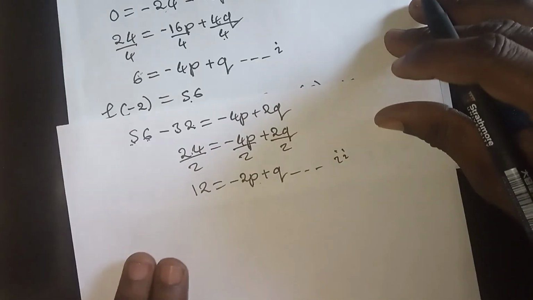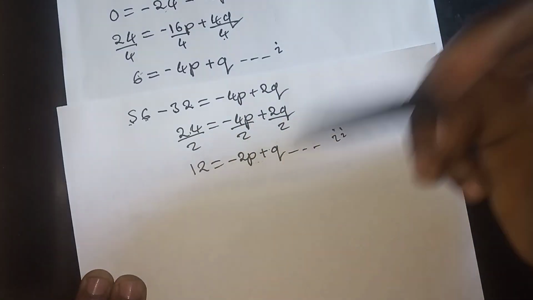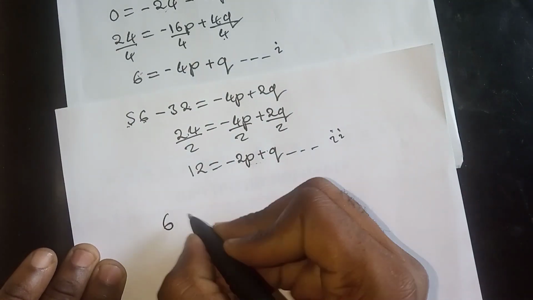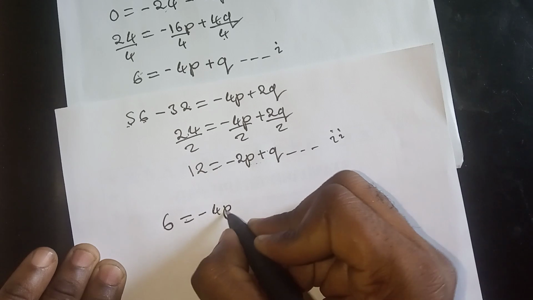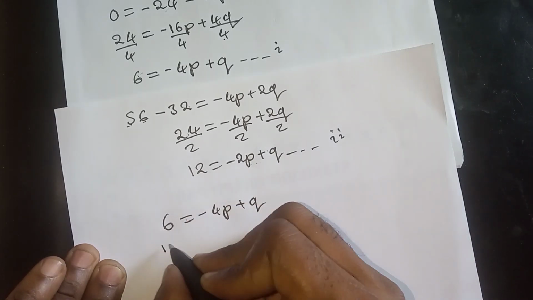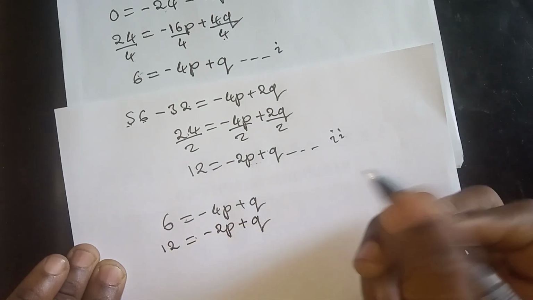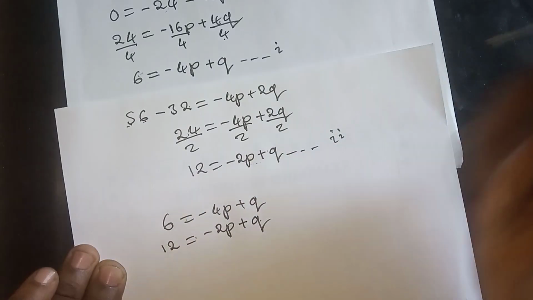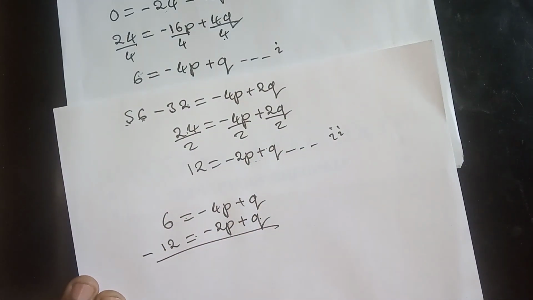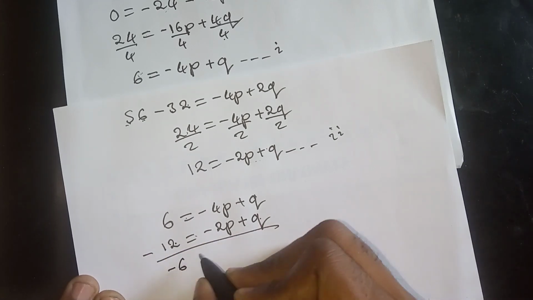So now to find the value of p and q, you can solve these two equations simultaneously. So the first equation is 6 is equal to negative 4p plus q. The second one is 12 is equal to negative 2p plus q. So since these two have the same q, I can just use the elimination method. 6 minus 12 is negative 6.